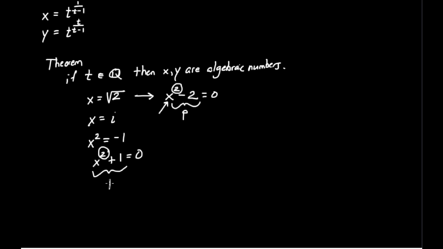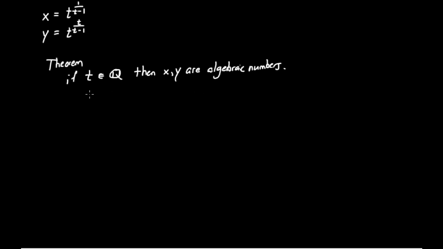Or I could say it's the root of the polynomial x squared plus 1. So that's just what an algebraic number is. And I should also say that the polynomial equation that we want these algebraic numbers to solve has got to have integer coefficients.